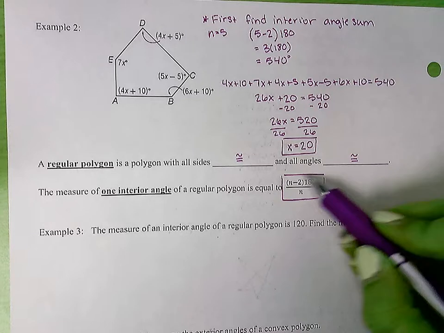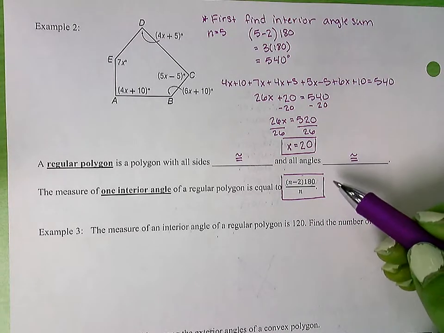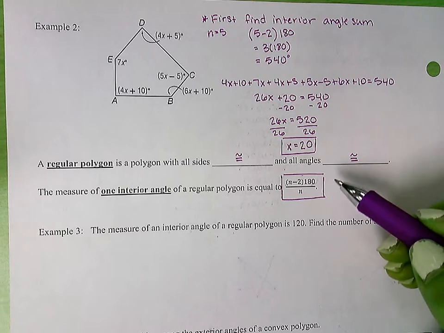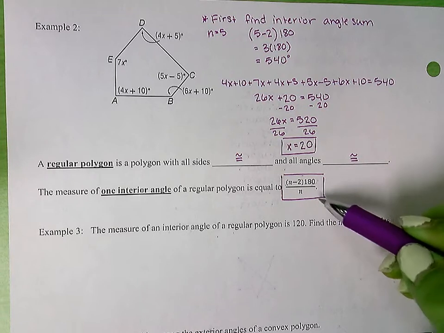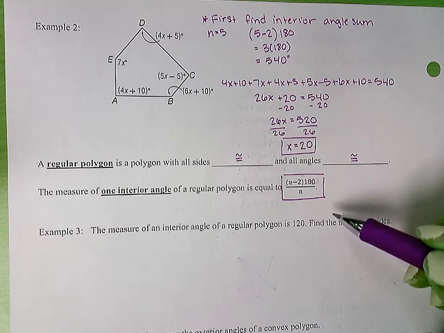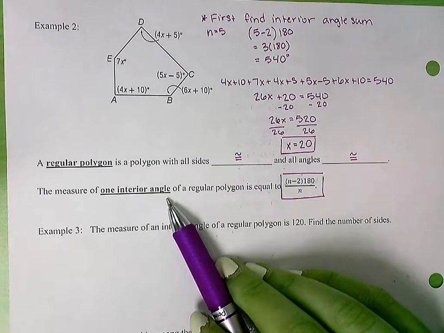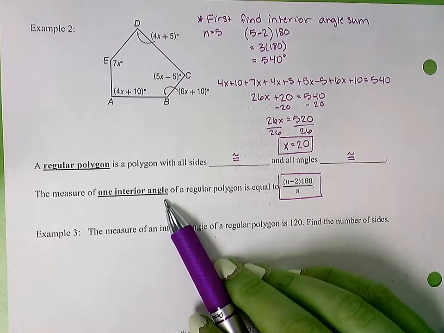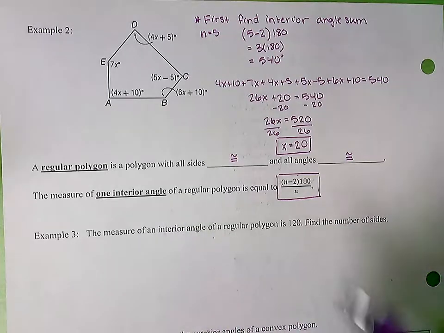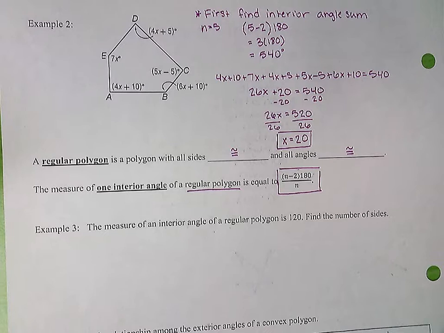Now since it's a regular polygon, and I know all of my angles have to be congruent, all you would have to do is divide it by how many angles there are, which is how many sides there are. So that they're all equal to each other. That's how we find that one interior angle of a regular polygon. Now it has to be a regular polygon. If it says convex polygon, all of those angles could be different measures. They don't all have to be the same.